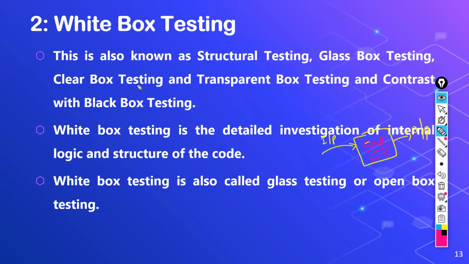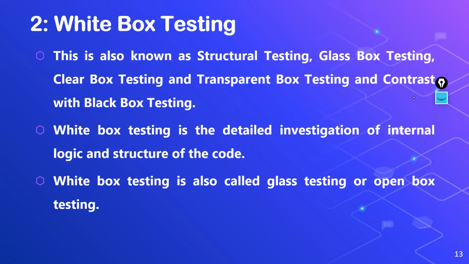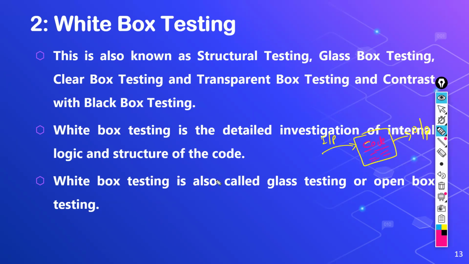Because what would you do here with these white boxes? You will primarily check the logic of your application, the structure of the code, the logic of the code. You will test the code of your application.